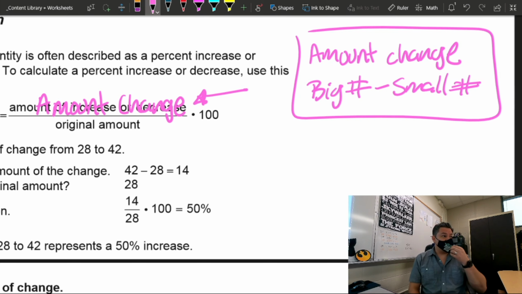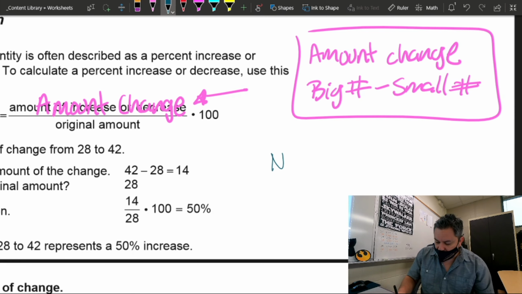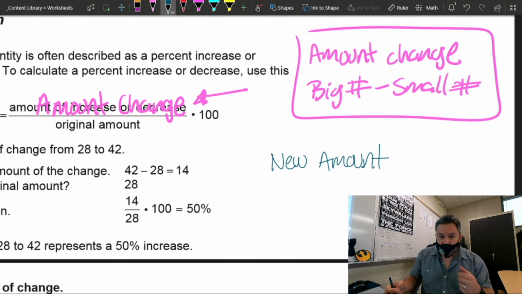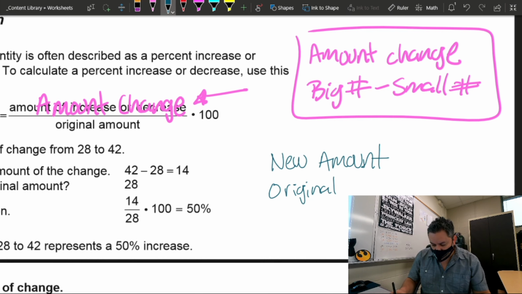Now, in the second video, we're going to talk about the new amount, and I'm just going to briefly introduce it right here. To find the new amount, we're going to have the original amount, and we're going to either add or subtract the amount change.